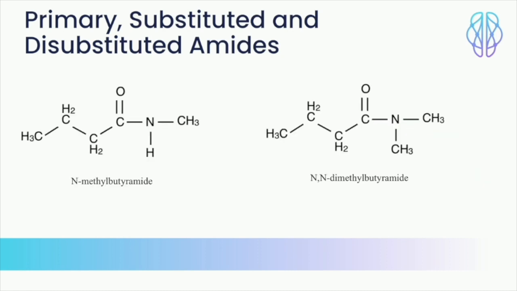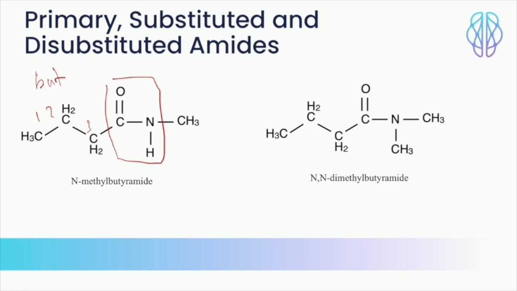I've just got 2 more worked examples to hammer this point home. So on the left hand side, we have a substituted amide. So I'll isolate the functional group for you here, and then we'll analyze it. So the alkyl group on the C double bond O side is 3 carbons long. So that's the prefix but-.